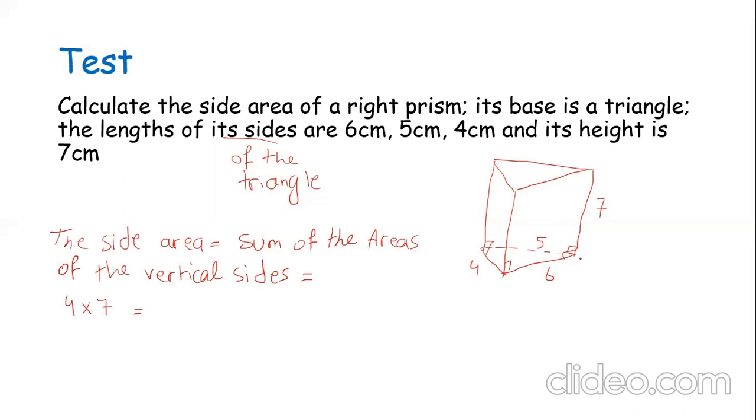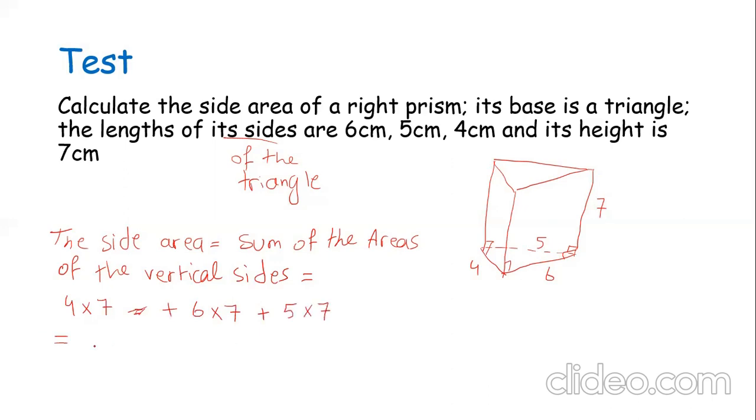We have 6 multiplied by 7, and the last one is 5 multiplied by 7. This one is the vertical side we are talking about, 5 multiplied by 7.